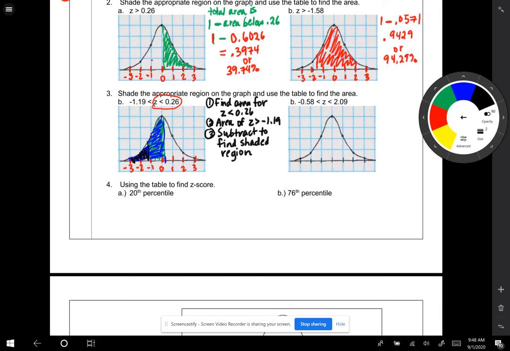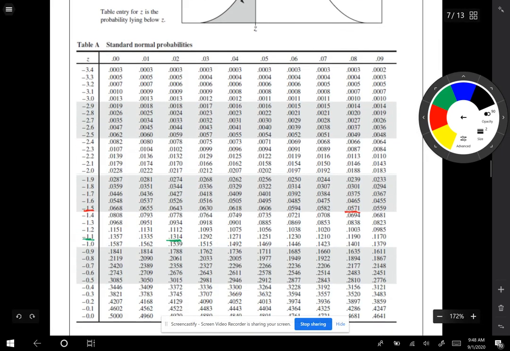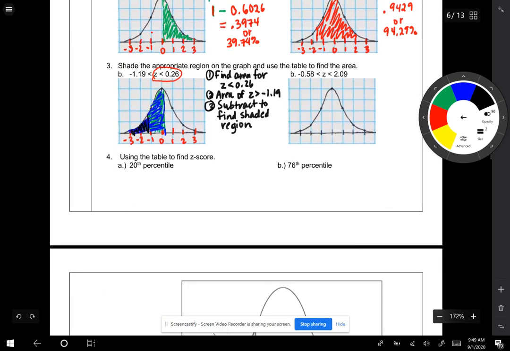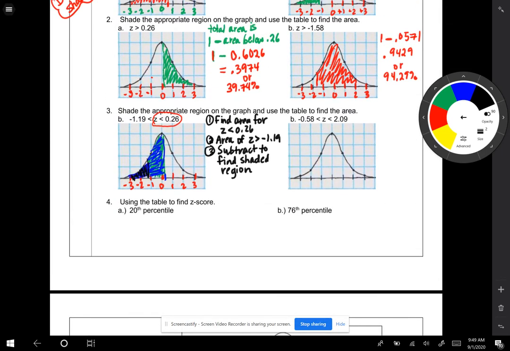Okay, so the z-score for negative 1.19, negative 1.1 is right here, and 9 would be all the way right there. So 0.1170. And then, so I'm going to write that down right here, I guess.